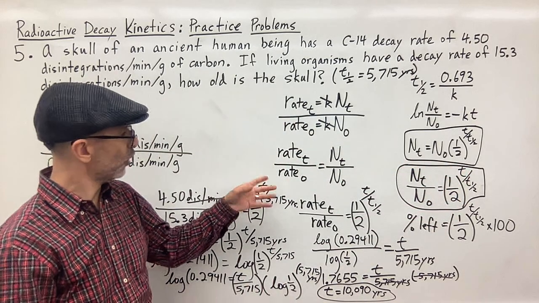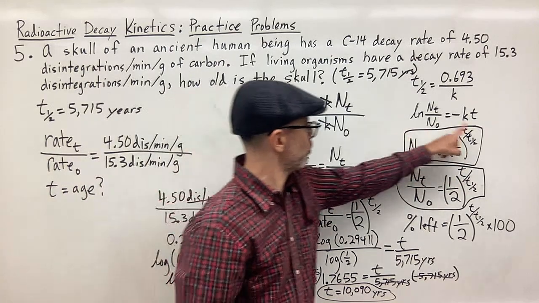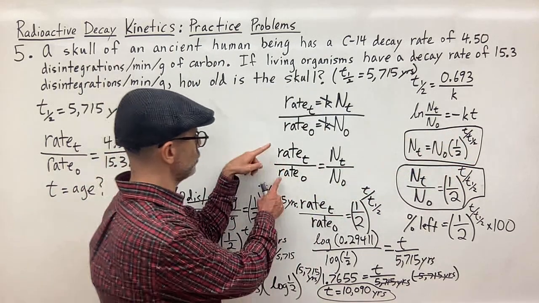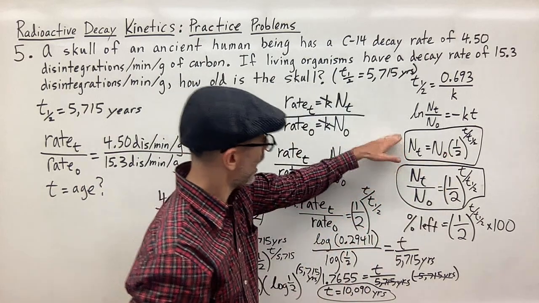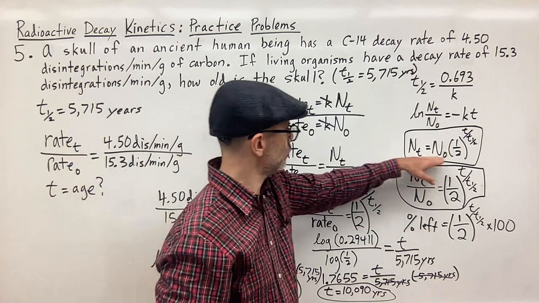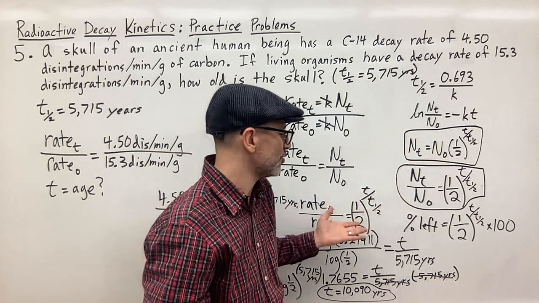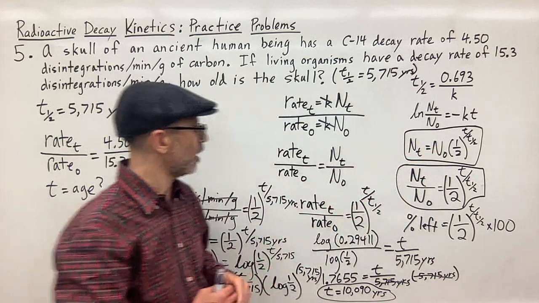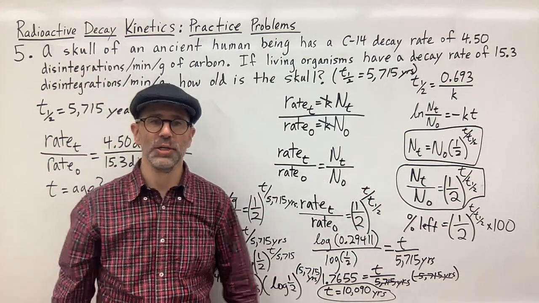And also this shows you that I could have actually used this equation too, because I could substitute the rates in for here as well. So either one of these equations would have worked. If you use this one, you would have to do an extra step to get to this form here. You'd have to do that anyway. So this one would cut your math a little bit shorter.